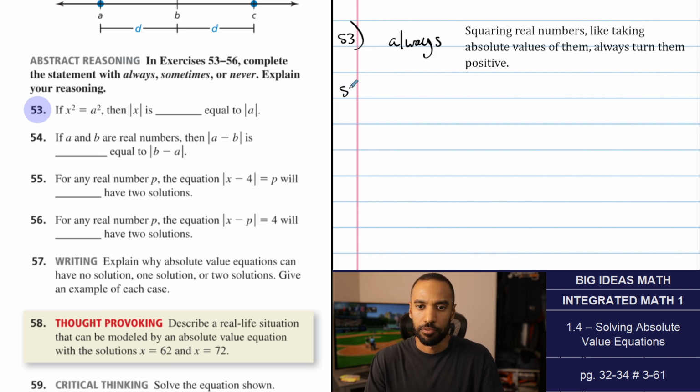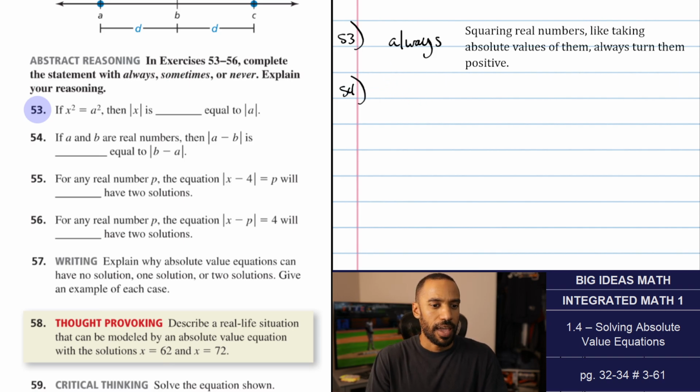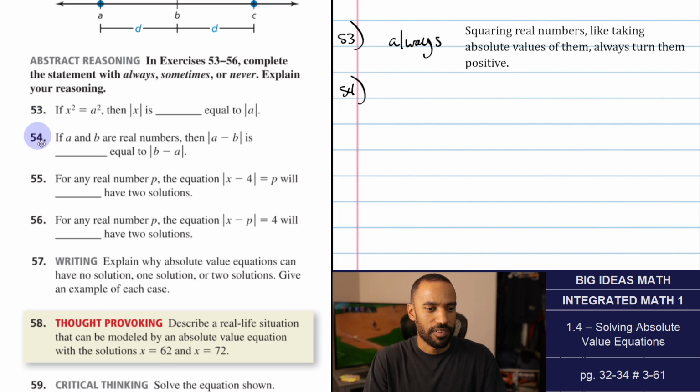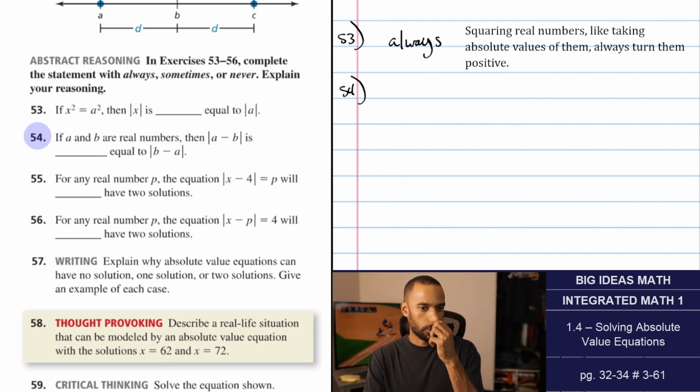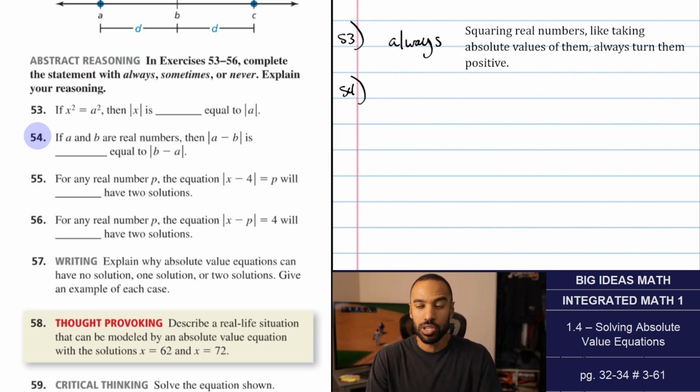So that'll always be the case, no matter whether they were negative or positive to begin with. Number 54. If A and B are real numbers, then the absolute value of A minus B is blank equal to the absolute value of B minus A. This is also an always case.